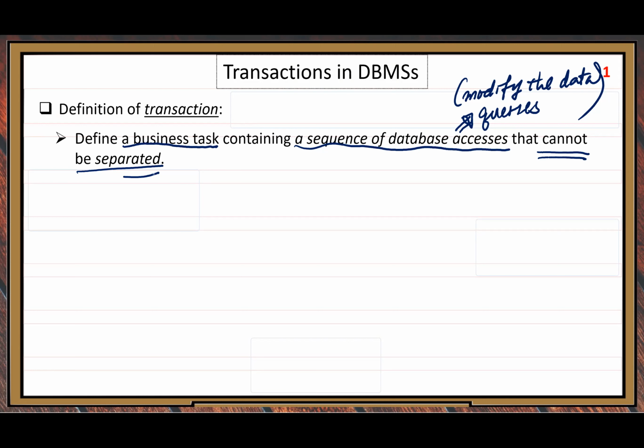How do you guarantee and protect the right way to work on the databases? This transaction concept was created. You need to follow the rules required by this transaction concept. Then you can protect your data.